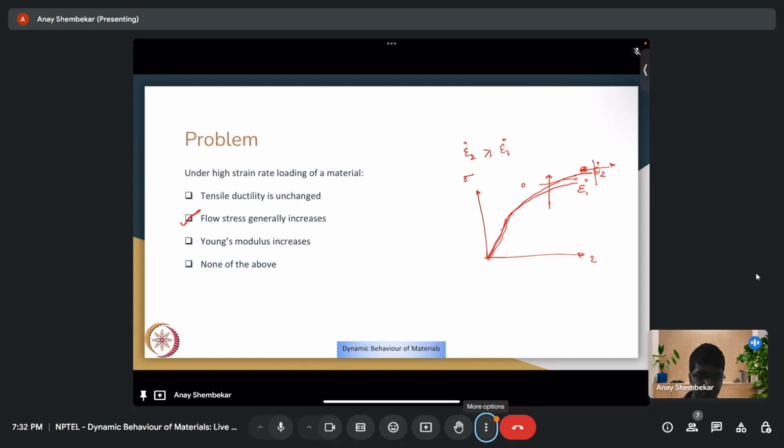If I am talking about the flow stress, definitely it increases. But if I am talking about the tangent modulus, is there any surety that in the case of metals the tangent modulus should always decrease, or in some loading cases it can be increased, or whatever it is?